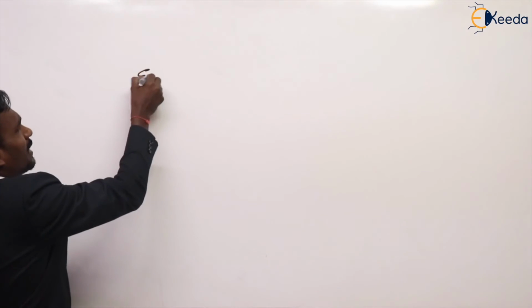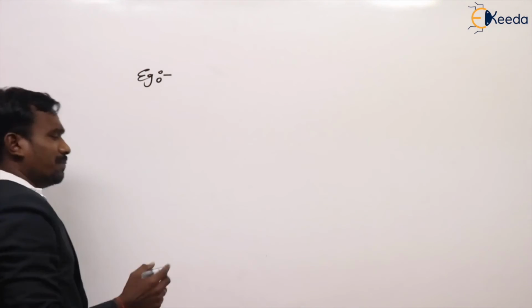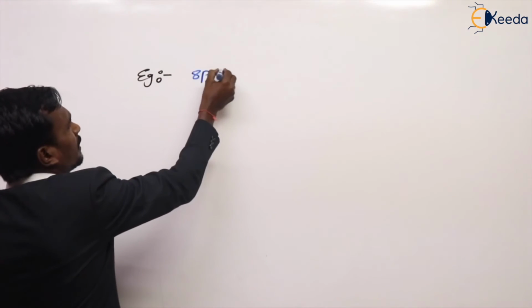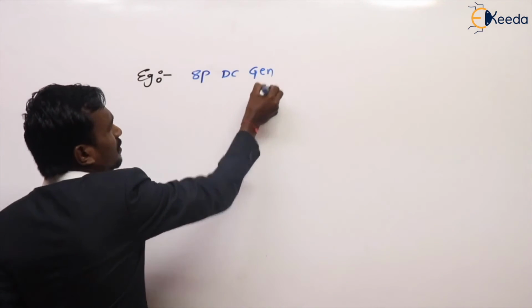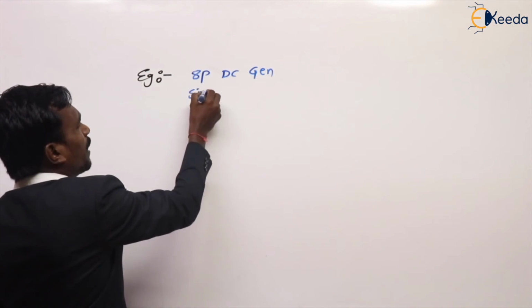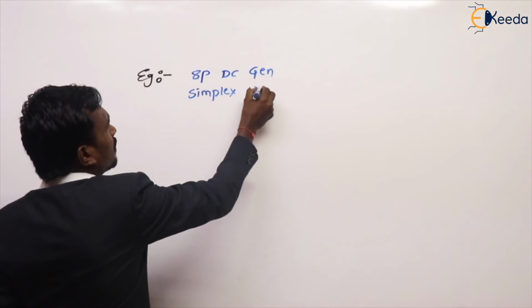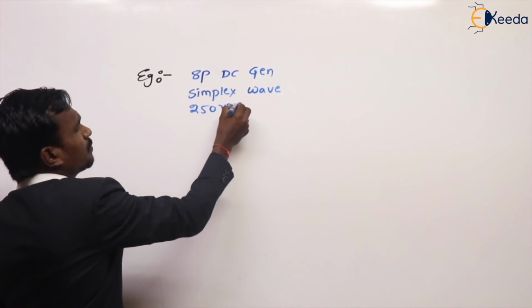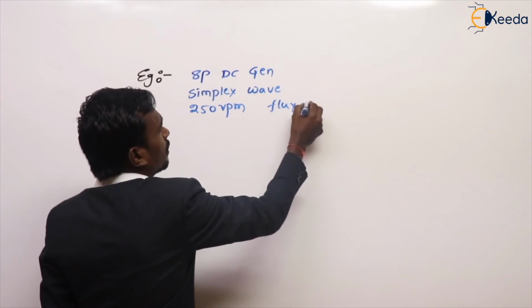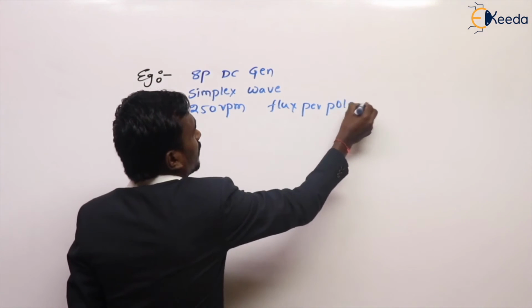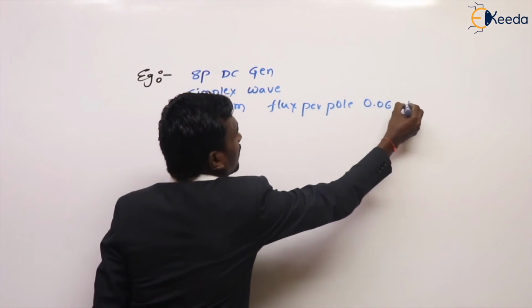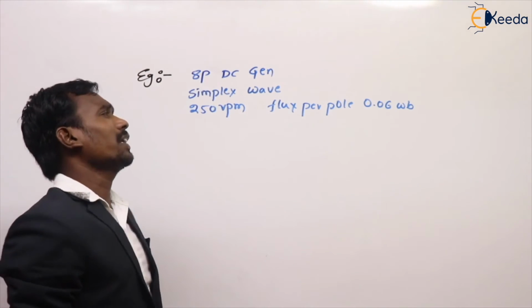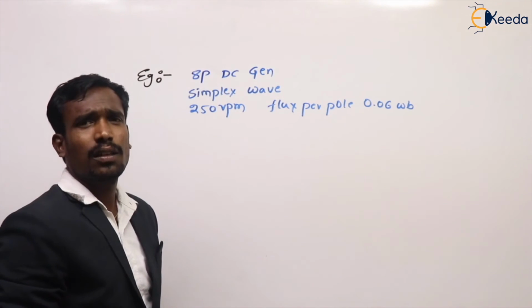Right? Let's see an example on the EMF equation, asked many times in competitive exams. For example, an 8-pole DC generator having simplex wave winding, which is rotating at 250 rpm, and the flux per pole is 0.06 Weber.